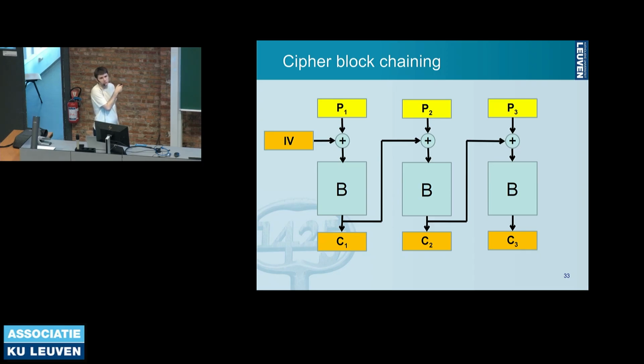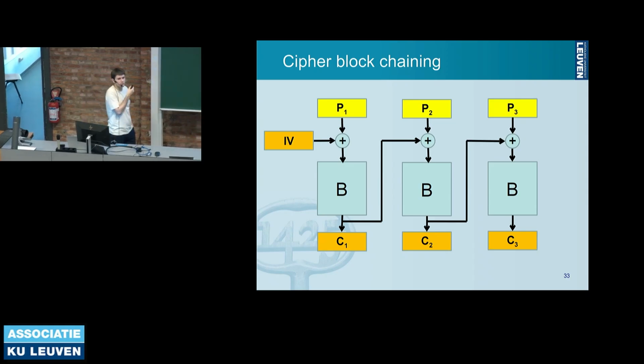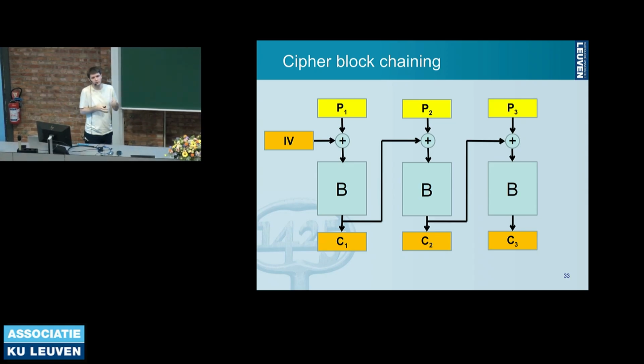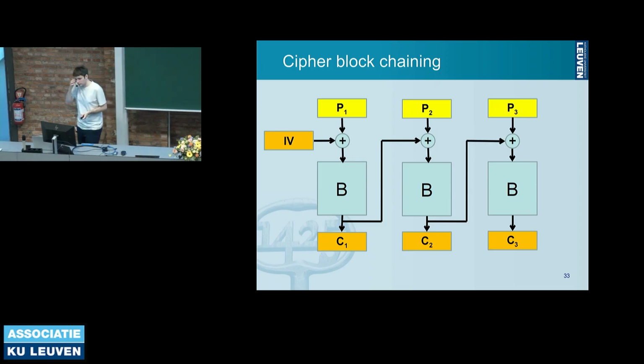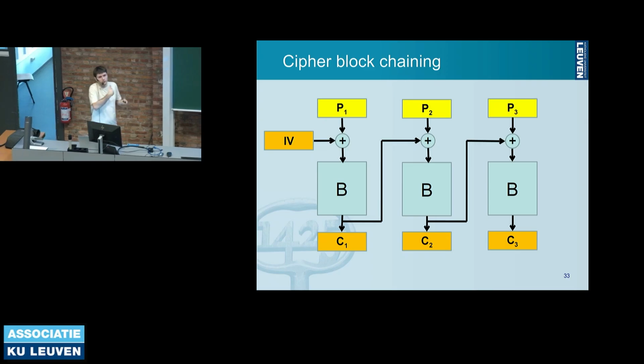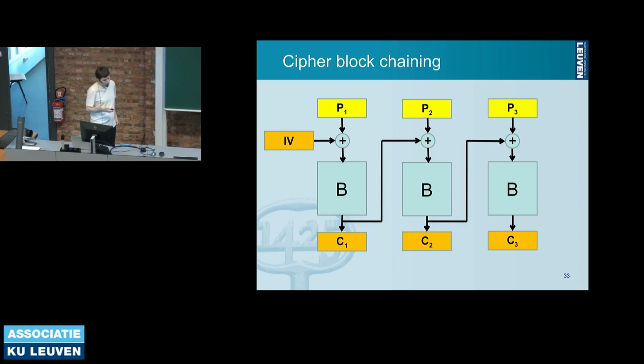We already had it with stream ciphers, and I mentioned there, in order to have secure encryption, we actually need either randomness or a state. This is why we have this initial value. So here you just take a random IV. We always need something like that, because otherwise, if we encrypt two messages, we're going to produce the same result, which you don't really want.